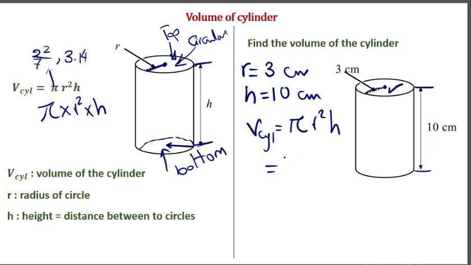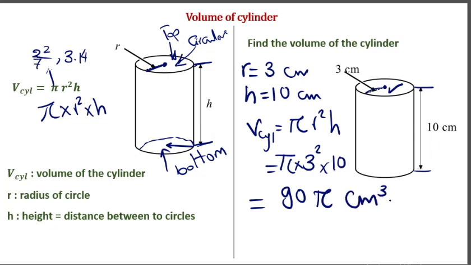I don't give you pi, so write it as it is. R square is 3 square times 10. 3 square is 9. 9 times 10 is 90 pi centimeter cube. Why cube? Because the unit of the volume is centimeter cube, inch cube, meter cube, and so on.